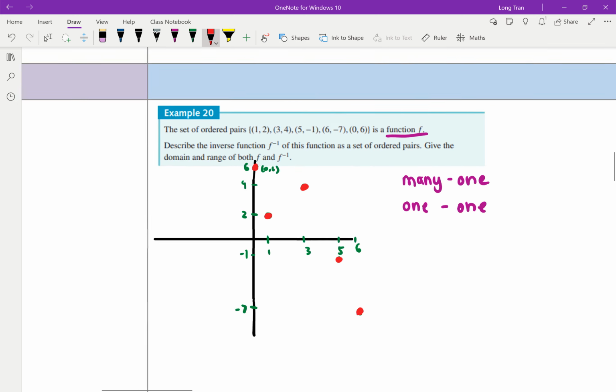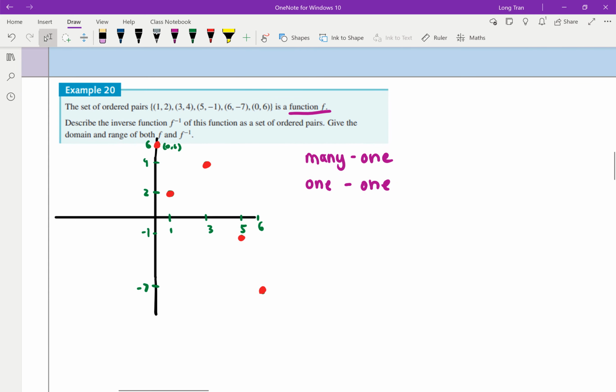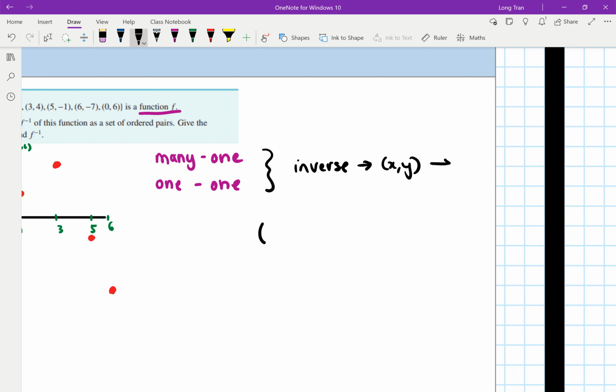So when you do an inverse, remember, I'm just going to show you an example. The x and y values, when you talk about an inverse, essentially do this. Any (x, y) coordinates now become (y, x), and that's simply because the x equals the y and the y equals the x.